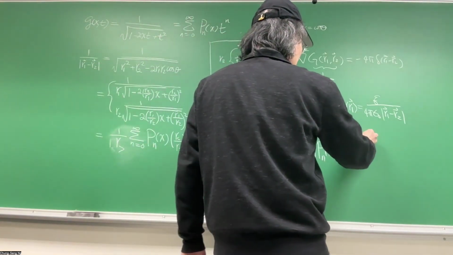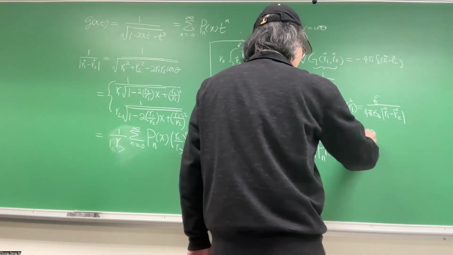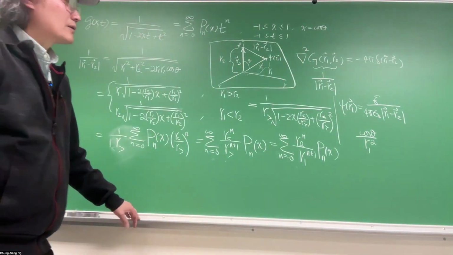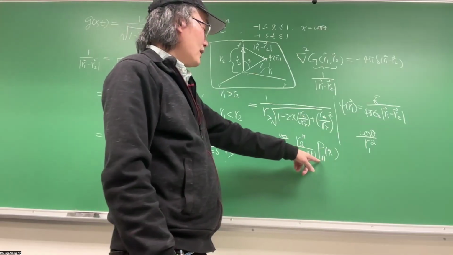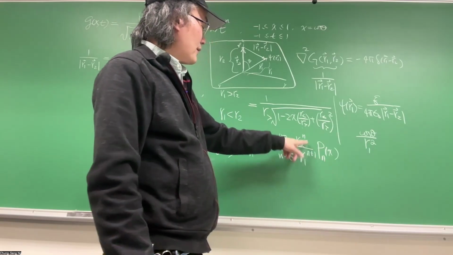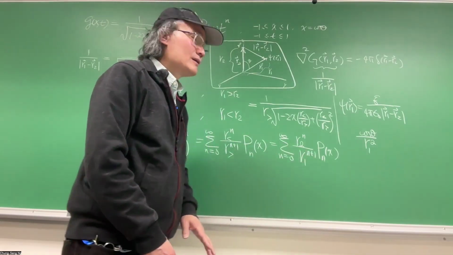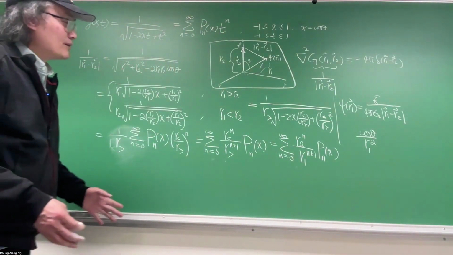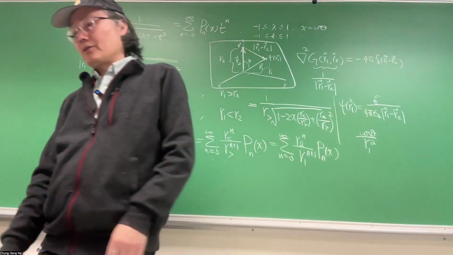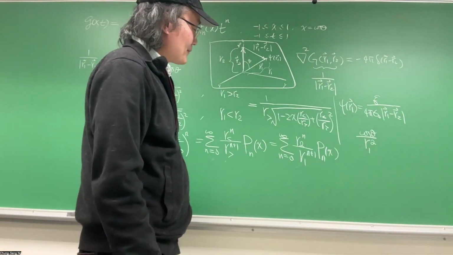So this dipole term has the functional form of cosine theta divided by R1 squared. That's the dipole term, and then you can keep going. If you have n equals 2, then you will have 1 over R cubed, multiplied by P sub 2, and so you have infinitely many moments. This is the dipole moment, and n equals 2 will give you, what do you call it, the quadrupole moment, or something like that.